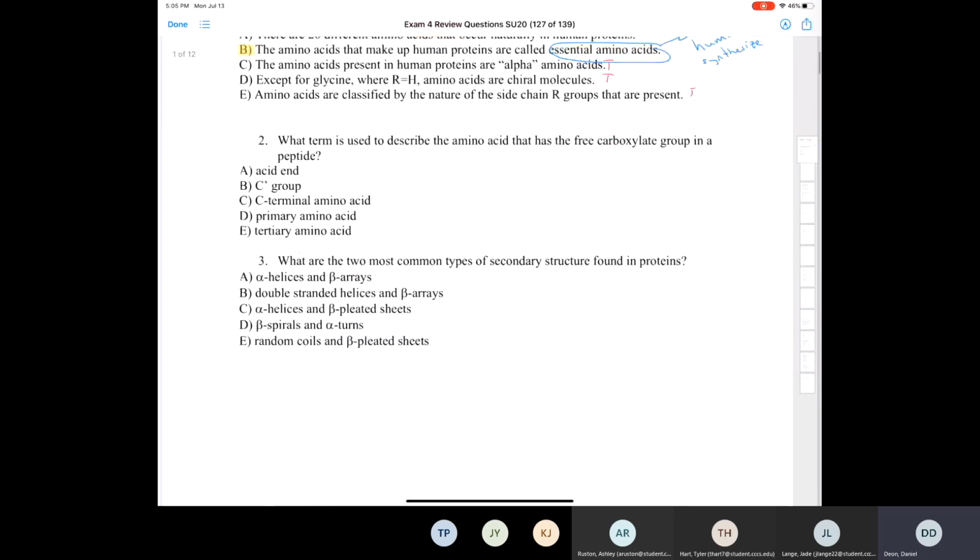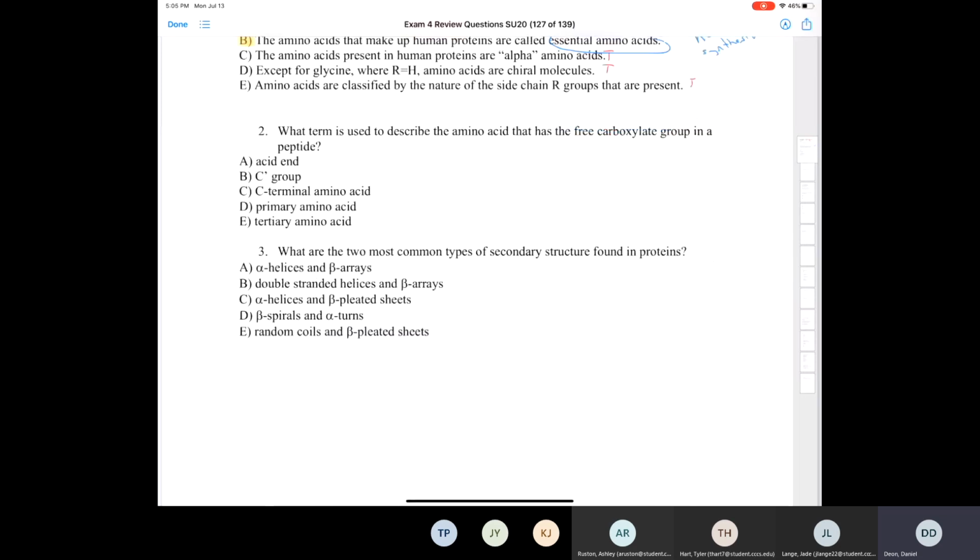Number 2 asks what term is used to describe the amino acid that has a free carboxylate group in a peptide. So if I have a peptide, for example, I went over this in my videos, how to draw a peptide. Let's say we make a tripeptide, you'd have NCC, NCC, NCC. So the tripeptide will have a carboxylate on one end.